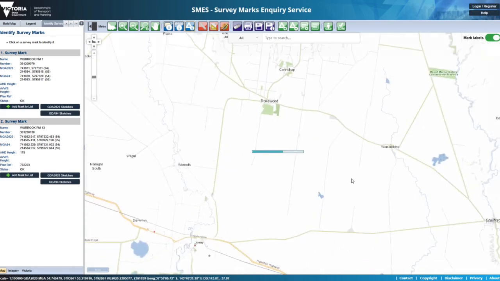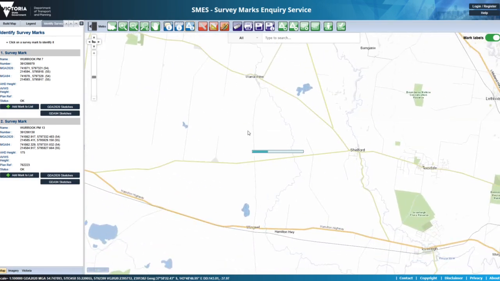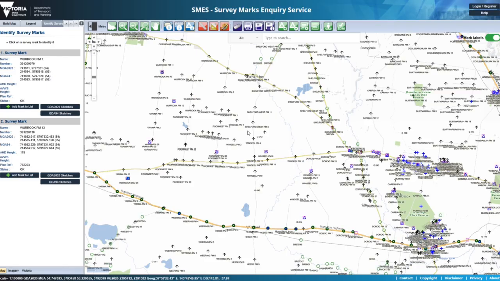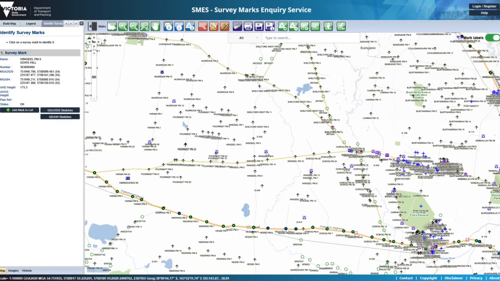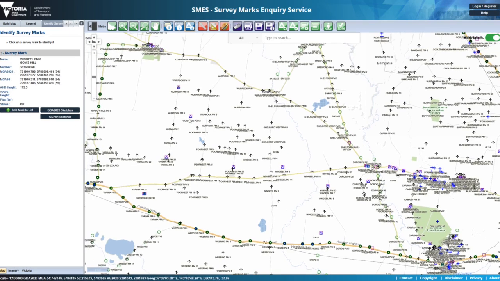Let's see if there's any other survey marks in the region. Let's go for this one here. 175 again. So that was that one there. So that one, 168, 175.